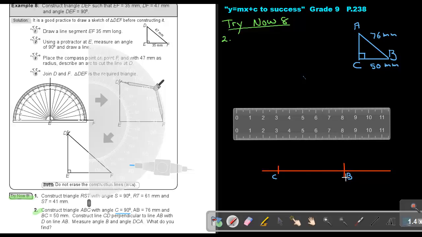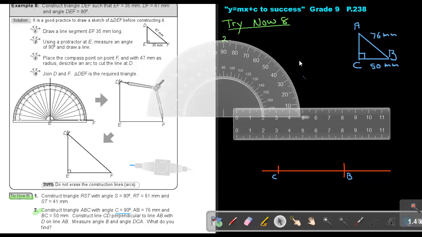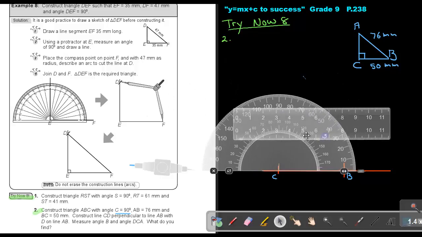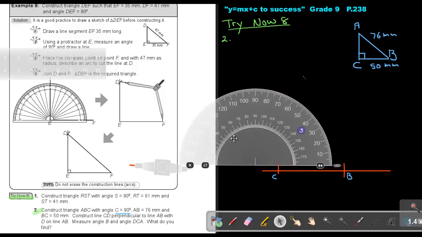Now we're going to construct the 90-degree angle. Use your protractor and put it at C. Now you see it is at C. Take a pen and mark it, then move the protractor away.